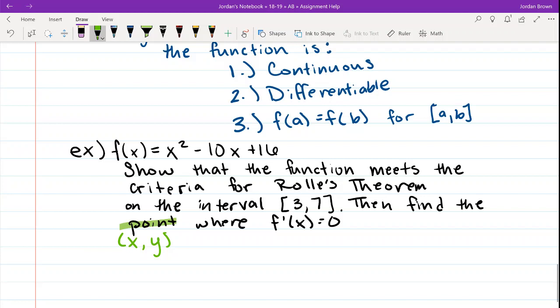Okay, so when we're using Rolle's theorem, we don't know that the function is continuous, so we don't know that it is differentiable. It doesn't tell us that the function is differentiable, so we can't assume that it is, and also, by way of assuming that it's differentiable, assume that it's continuous.